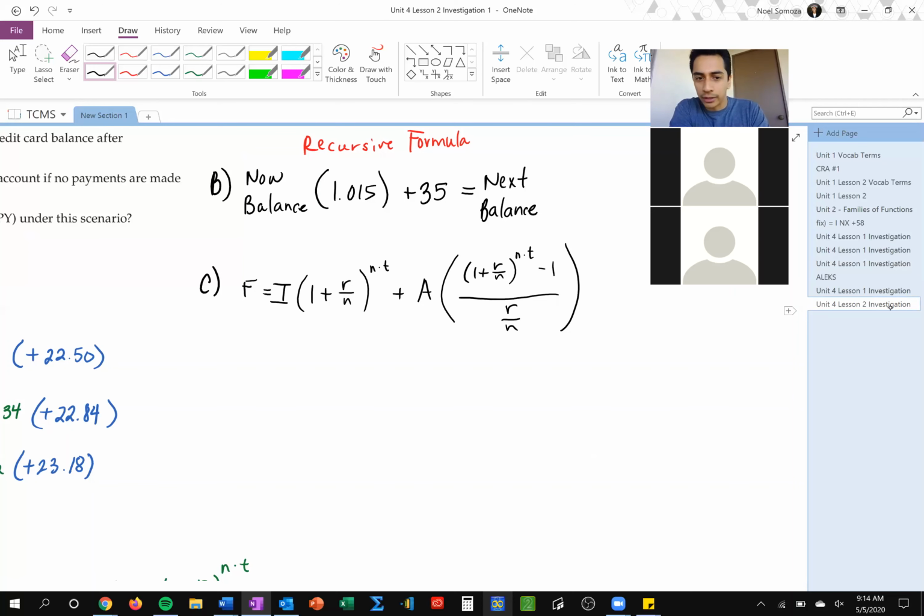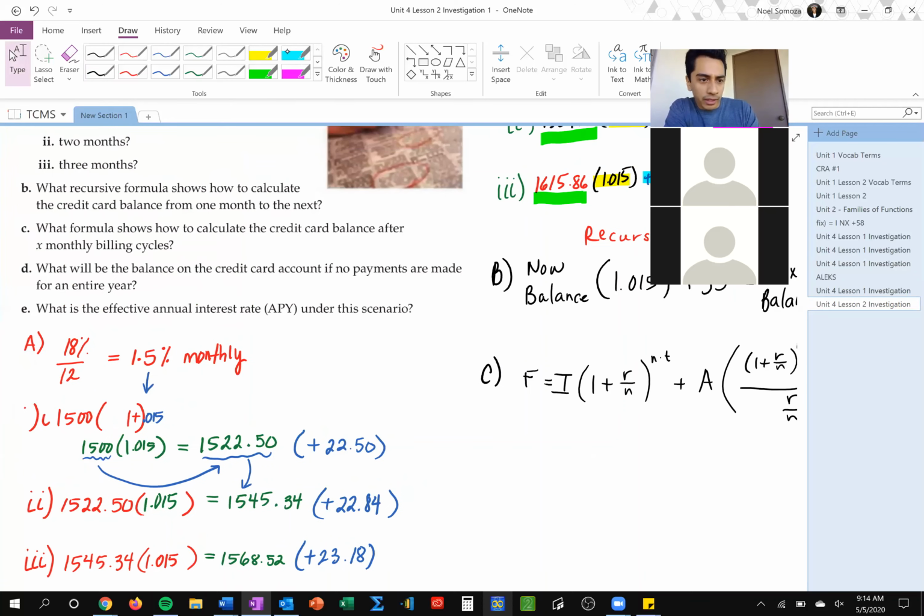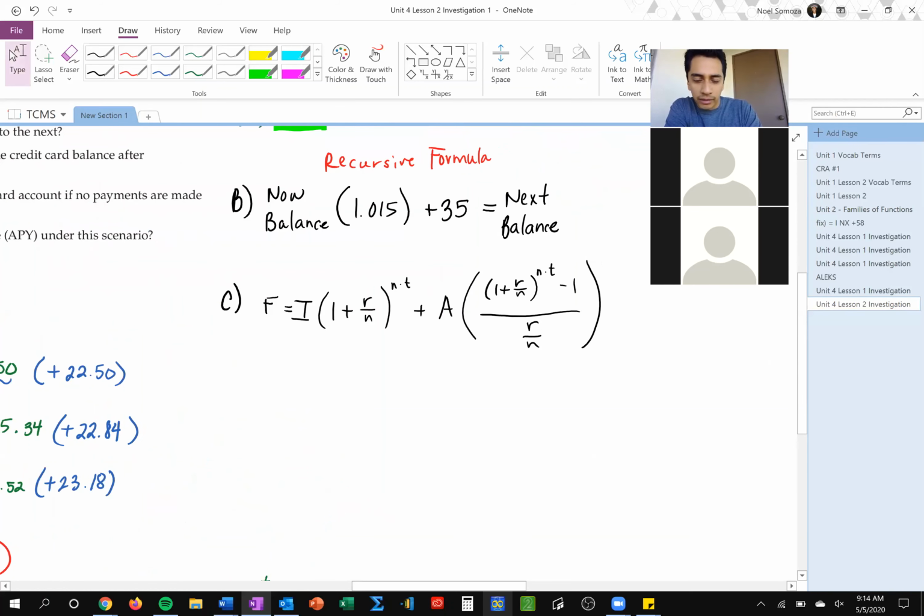Typically this is after how many years, but in scenario C, what we looked at was after X number of billing cycles. Okay, so the powers that are N times T, we can just replace with X. That's what we're going to do here, because we're just trying to find out after how many months, right? We're not going to take this to the point of years. So a couple of things we can do to adjust it.